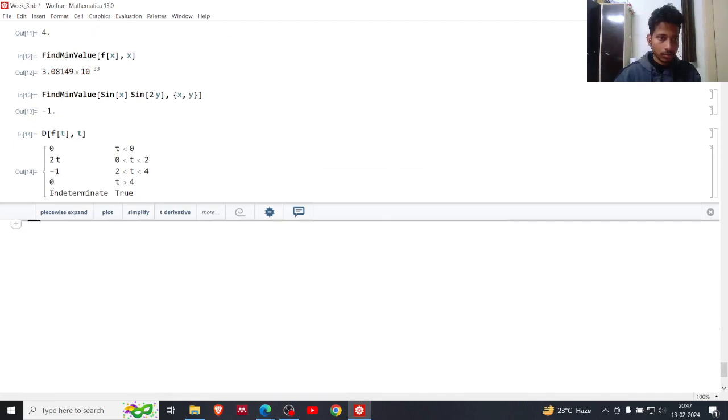Here we will have 0, 2t, minus 1, 0 in return. Now let's plot it.